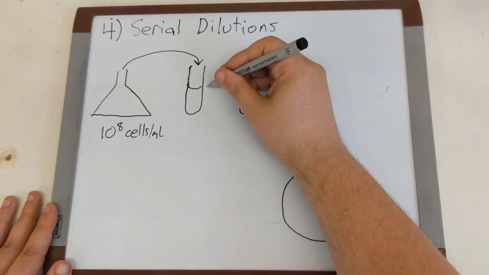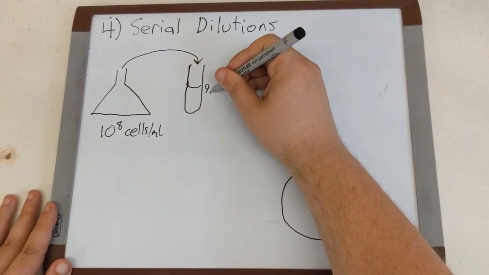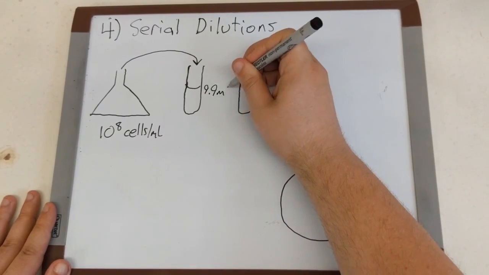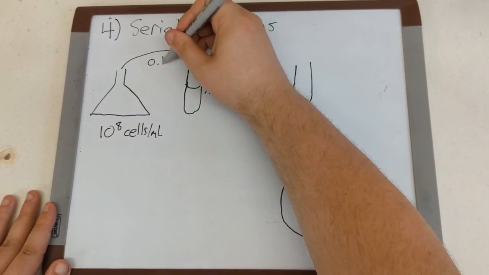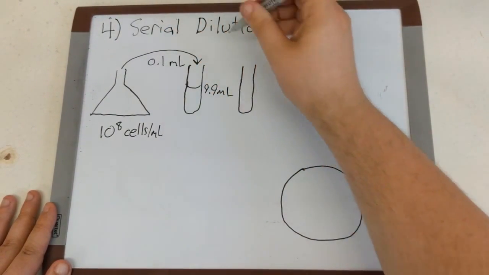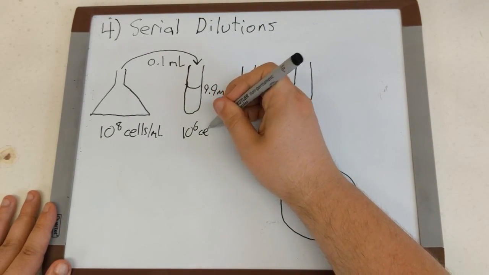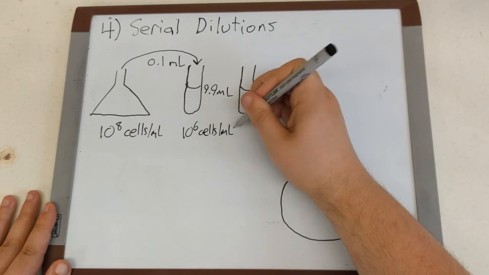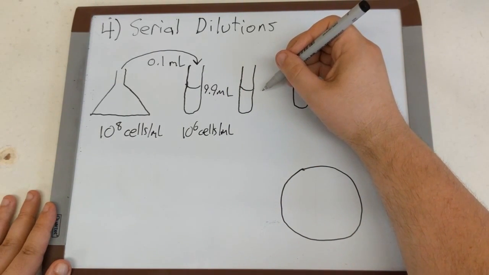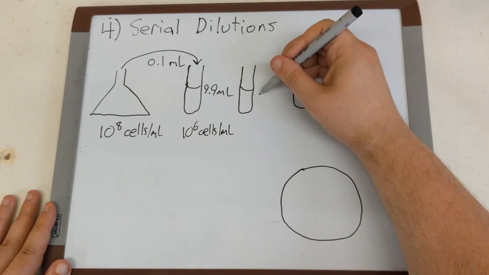In this case, it would be LB. So to do a 1 in 100 dilution, what we do is we take 0.1 mL of that culture from the flask and put that into 9.9 mL of LB. So this should give us around 10 to the 6 cells per milliliter now.